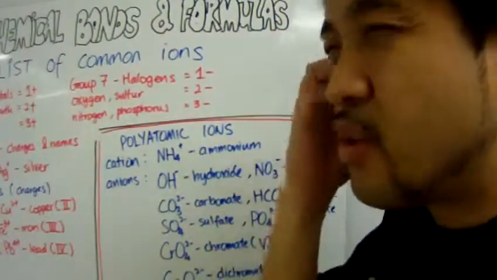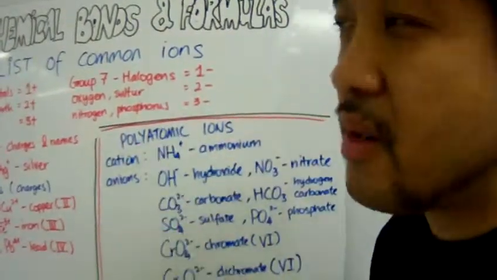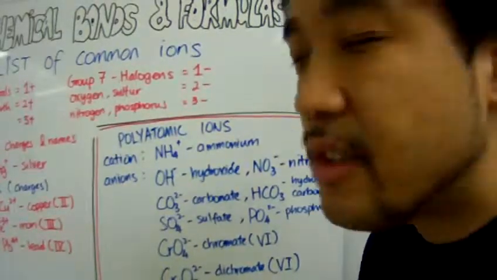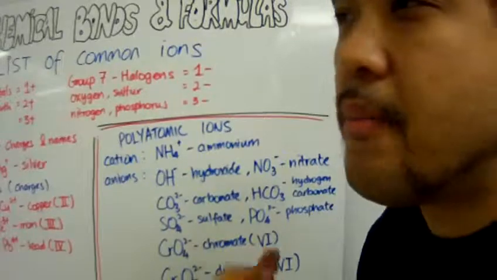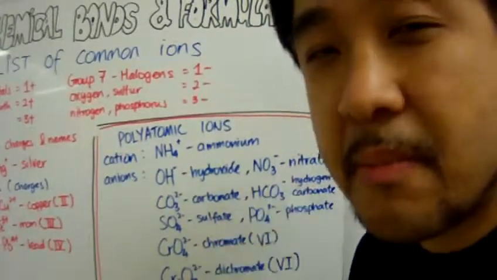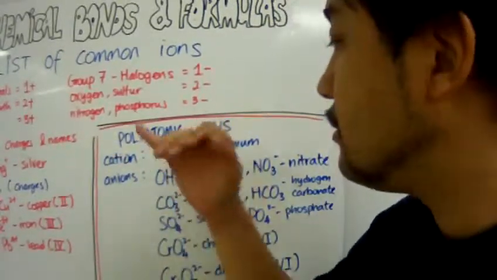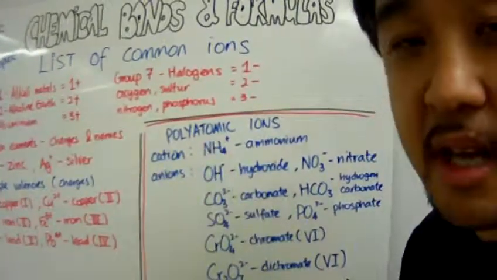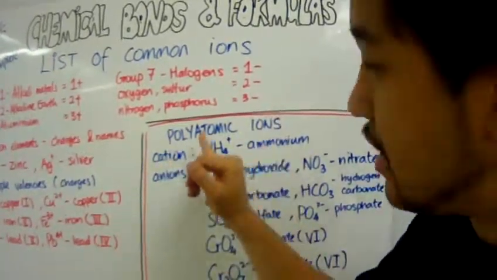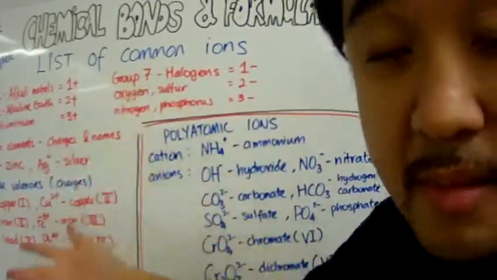Now we're going to accelerate our learning a little bit more by introducing the concept of polyatomic ions. Polyatomic ions are simply ions that have many atoms in them. Poly means many, and atomic, you know what that means.